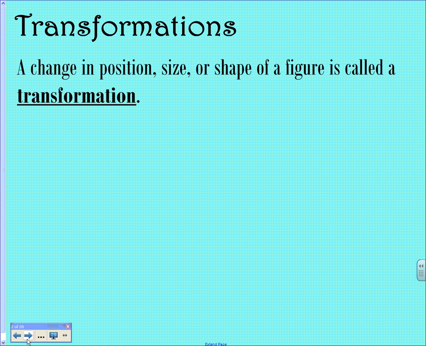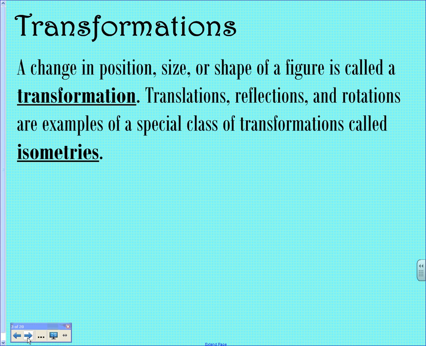Position, size, or shape is a transformation. Translations, reflections, rotations are special classes of transformations called isometries.